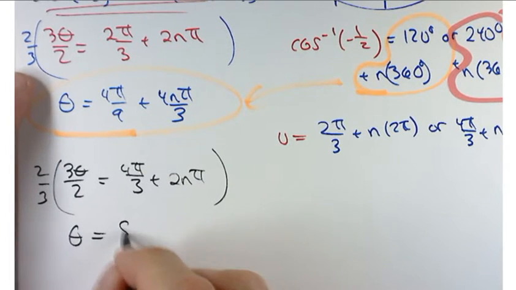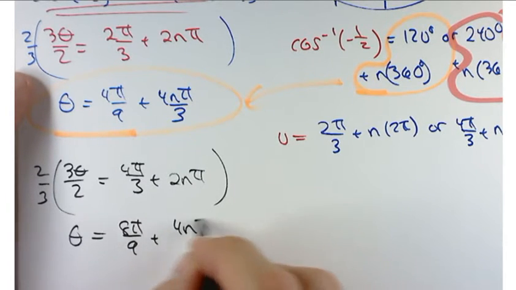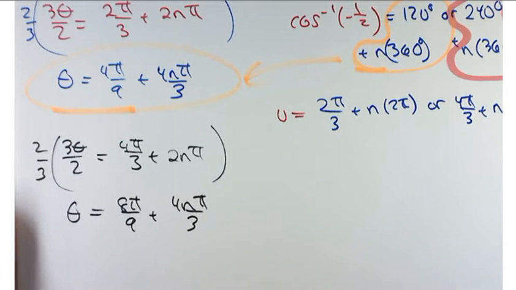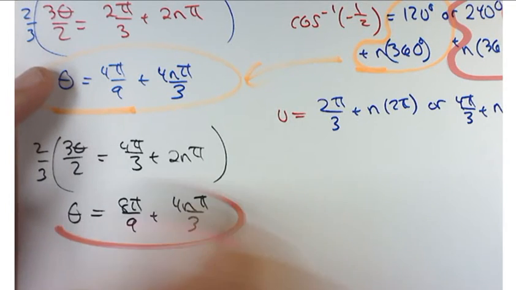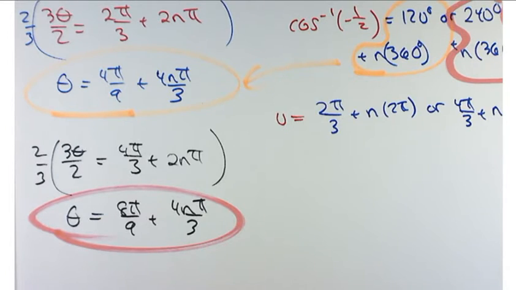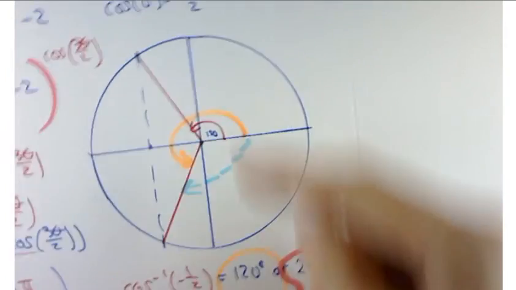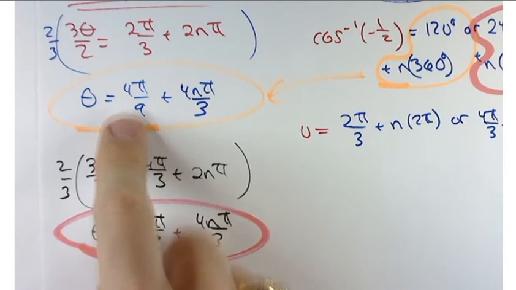This time it's going to be 8 pi over 9 plus 4n pi over 3. You can clean that up if you wanted to or needed to, but that's it. Well, for a cosine problem like this, there's two places where cosine can be 1/2 or -1/2. So I'm going to have two forms of the general solution. And here's one form, here's the other form.